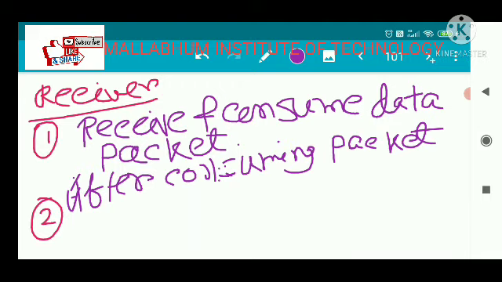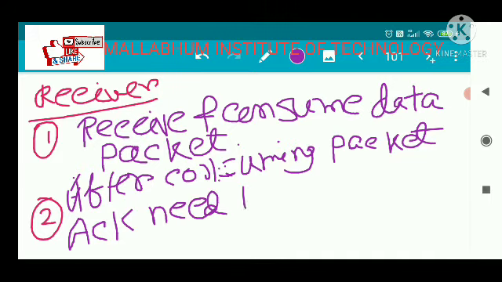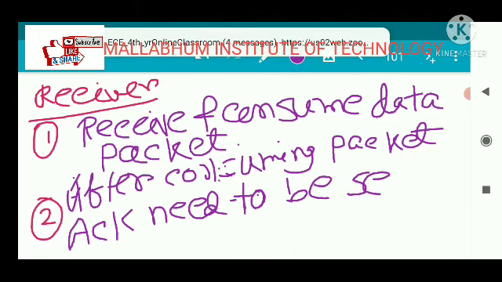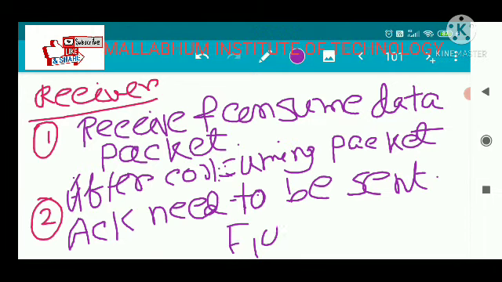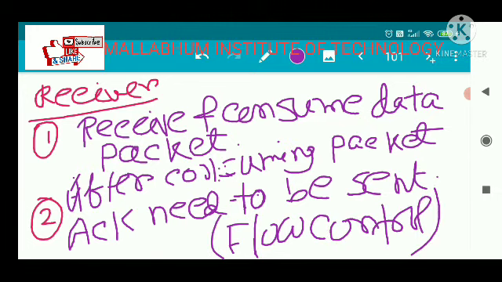So this is your flow control. These are the two primitives from the sender side and from the receiver side.